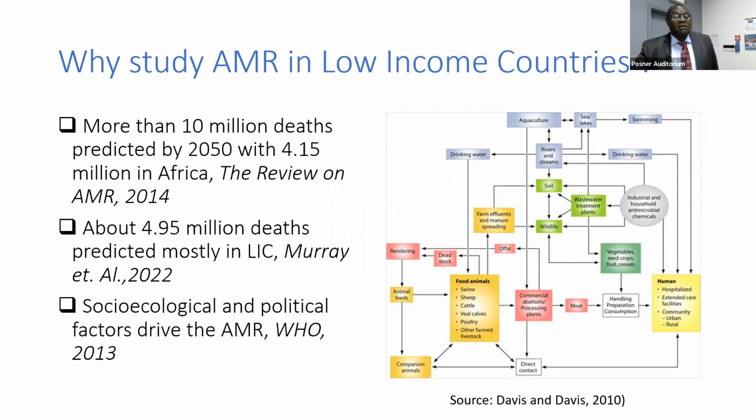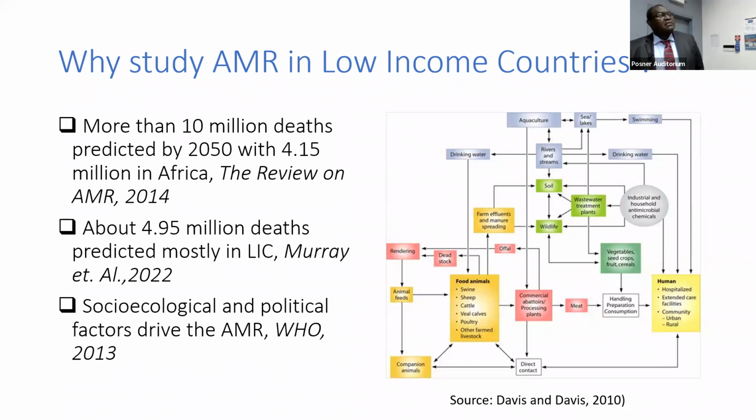For instance, the 2014 Review on AMR predicted 10 million deaths by 2050, and 4 million of those will be in Africa. But also, more recently, we have an estimation by Murray, which believes that around 5 million people may die, and most of them will be from the low-income countries.